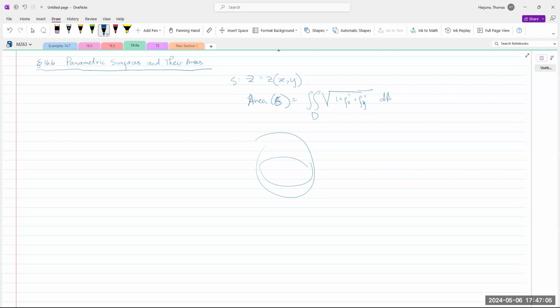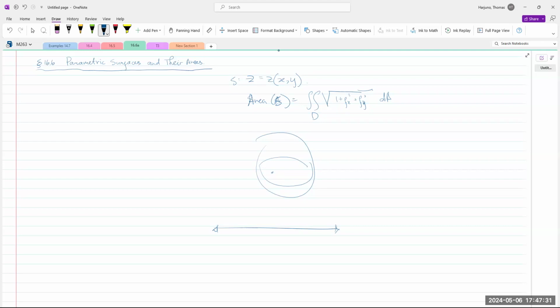It has no volume, just like a line has no area, it has length but no area. Then a sphere has area but it doesn't have volume, right?